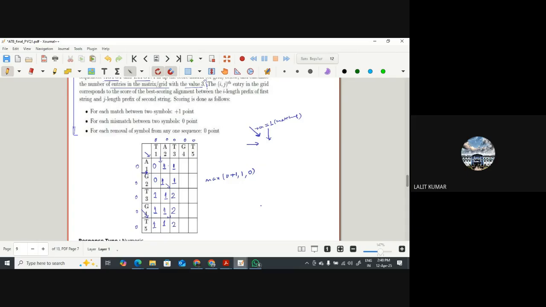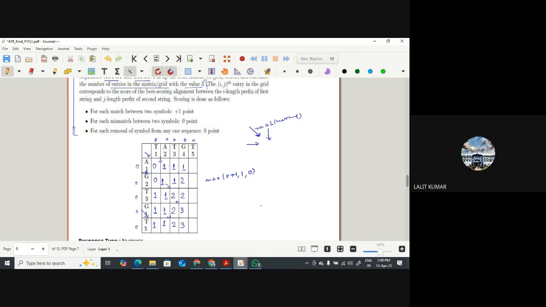Now we come to G. It remains 1. G is matching, so this becomes 1 plus 1 is equal to 2. GT, maximum of 2 is 2. GG has matched, so this will become 2 plus 1 is equal to 3. Now here it will be the maximum of 3 and 2, which is 3.